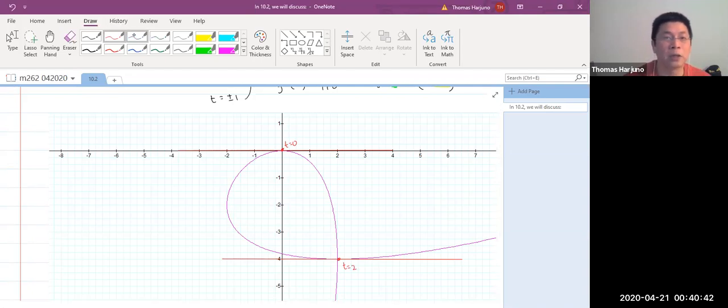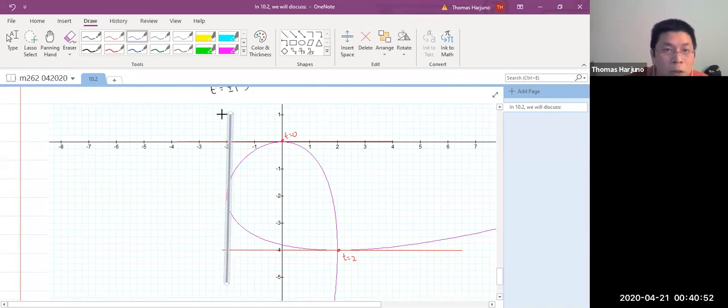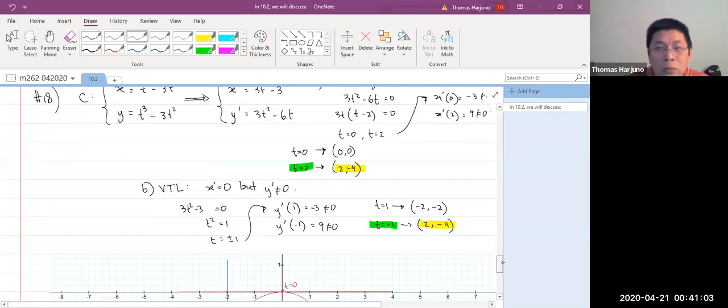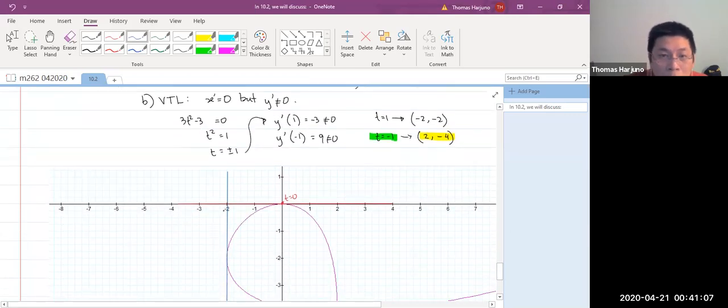Now, the vertical tangent line happens when t equals 1, that is -2 comma -2, right?